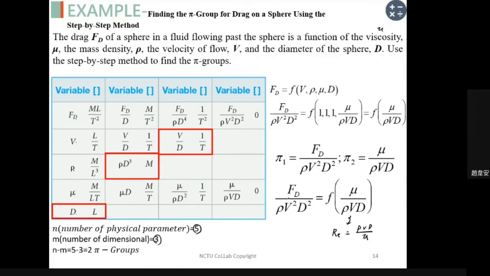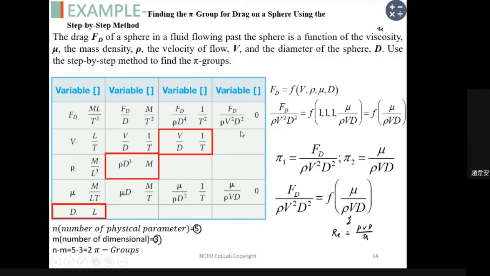We call that the drag force coefficient. These two are very famous dimensionless parameters. Okay, next class I will introduce more details.